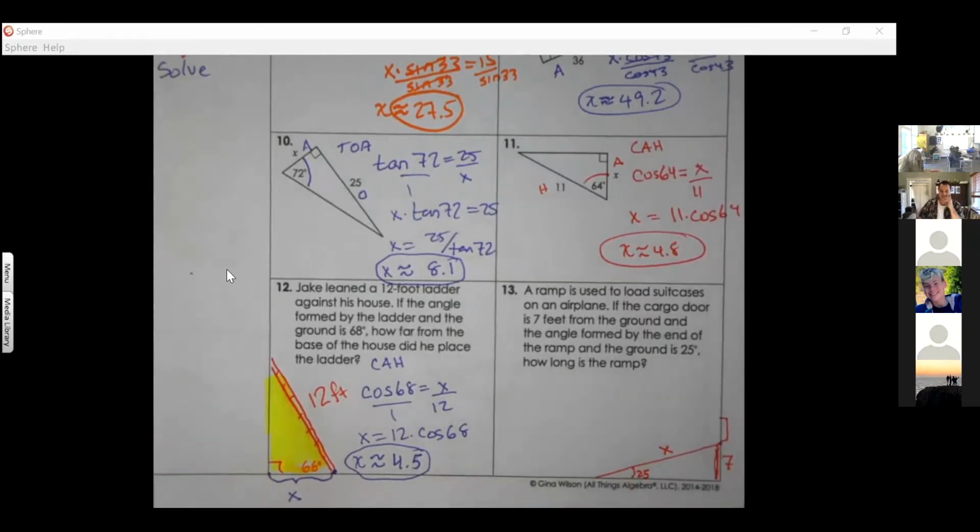What do we set up here? Which trig function do we use? Let's find our right angle. Makes this the hypotenuse. Relative to that angle, this one's the opposite.